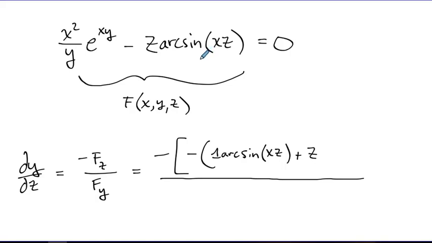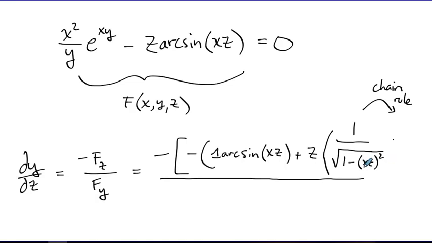The derivative of arc sine is 1 over the square root of 1 minus the argument of the arc sine squared. And then by the chain rule, we get the derivative of the argument with respect to z, which means I get an extra factor of x because it's a constant factor times the variable z. All right, so that looks good.